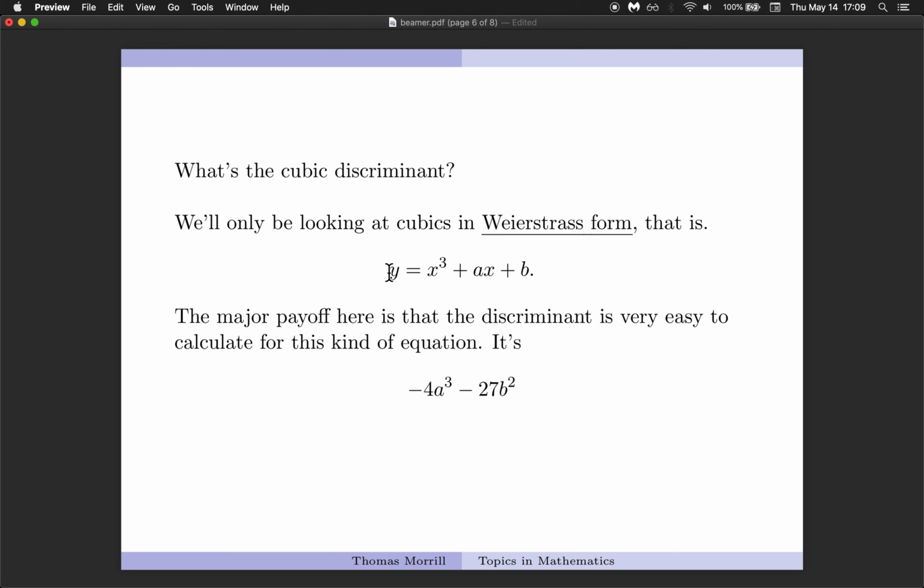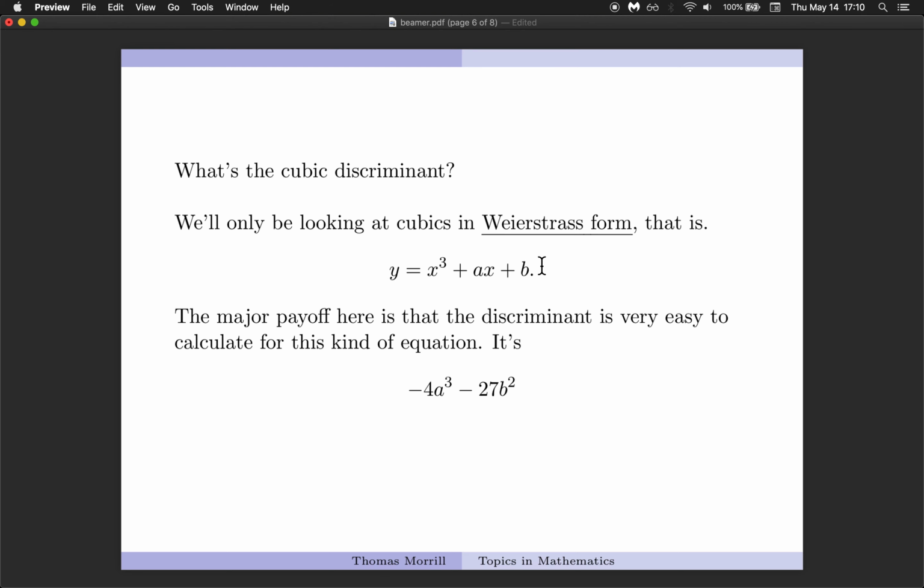I want to understand the cubic that is influencing my elliptic curve. And for that reason, I'm always going to be using this formula. So it'd always be 1 times x cubed, 0 times x squared, some constant a times x, and some constant b.